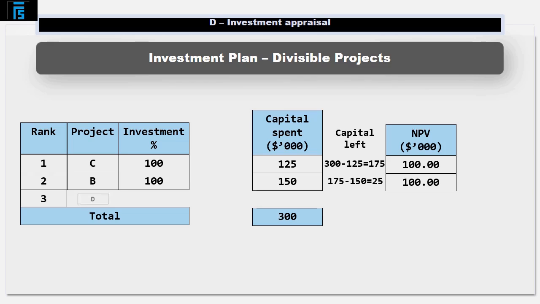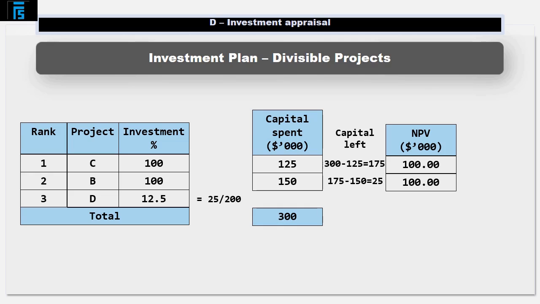Next on the rankings is Project D. We cannot afford to do a whole Project D as that will take $200,000 and we only have $25,000 left. However, we can afford to do 25 over 200 equals 12.5% of a Project D. Remember, these projects are divisible.